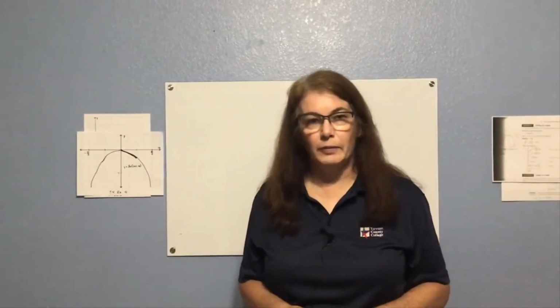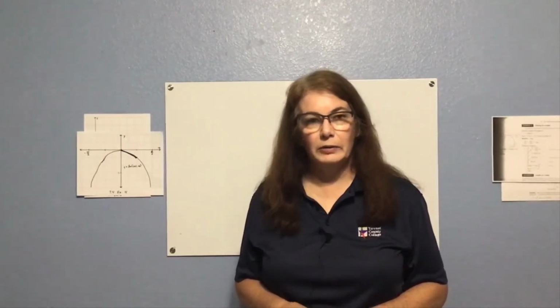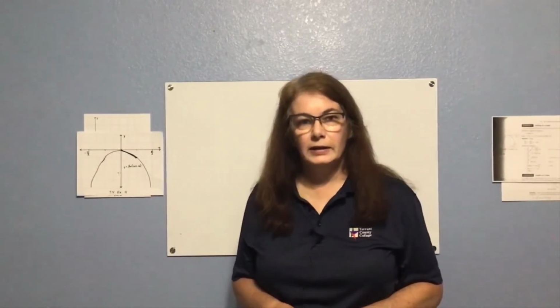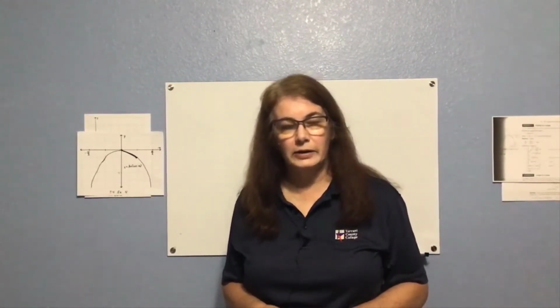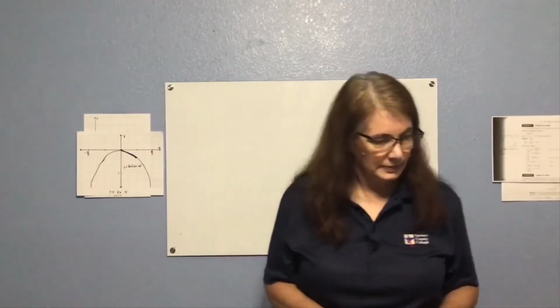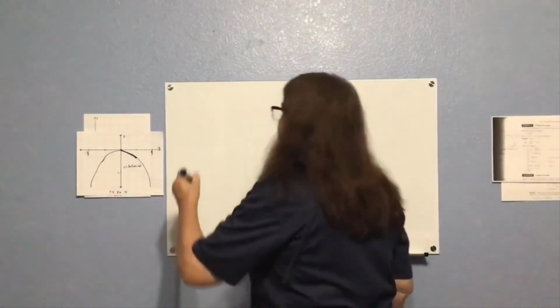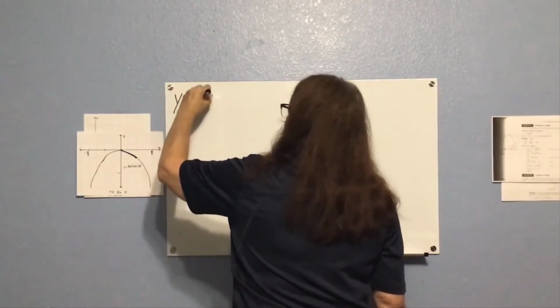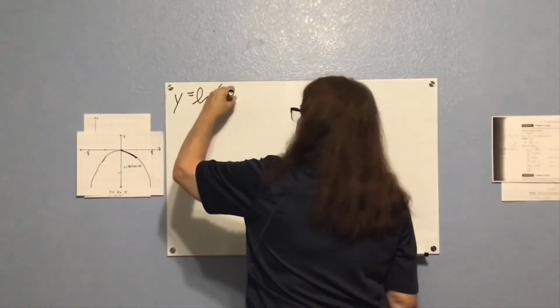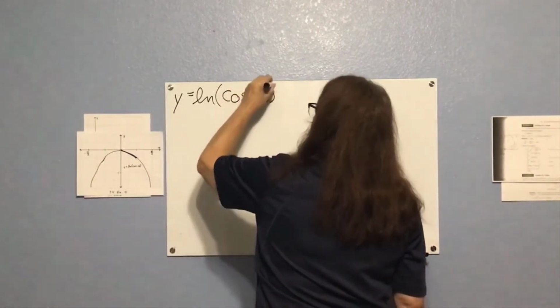In this example, we're going to use the same formula, but this time we're looking at a function that's defined in terms of natural logarithm and cosine. So this is my function equation, y equals natural log of cosine of x.